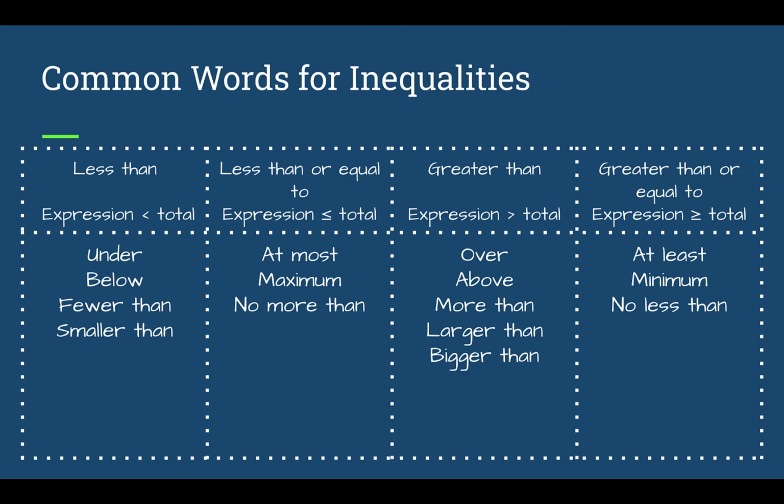Or we might see minimum, the minimum amount, or no less than. Again, those are kind of the opposite thinking of what the symbol is, because that's the lowest it could possibly go. Usually it's higher. When in doubt, think of an easy situation where something might apply and picture yourself in that situation. Would you need to have more or less? And could it be equal to the number that is the boundary?